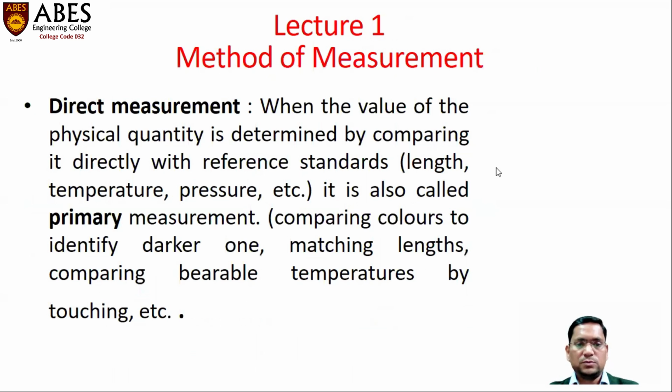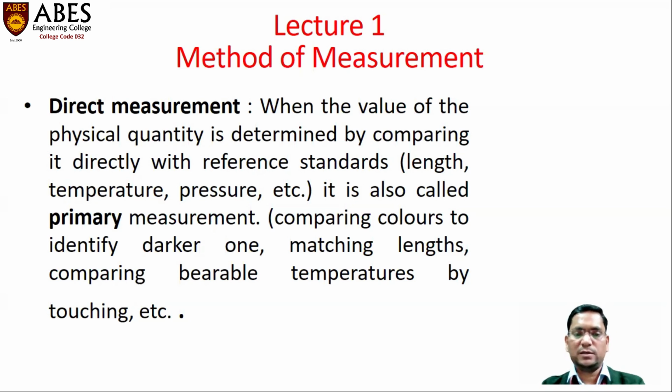In this slide, we will discuss the methods of measurement. Basically, there are two types of methods of measurement. The first one is direct measurement, and the second one is indirect measurement.